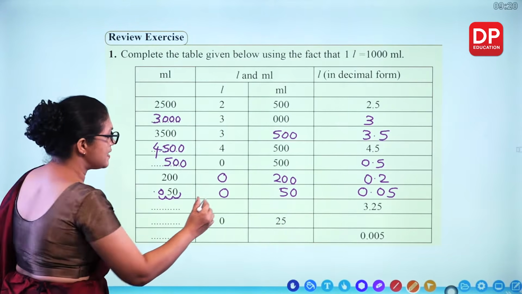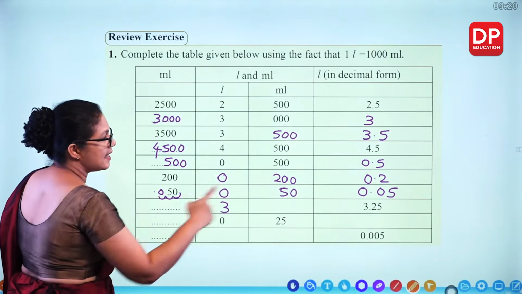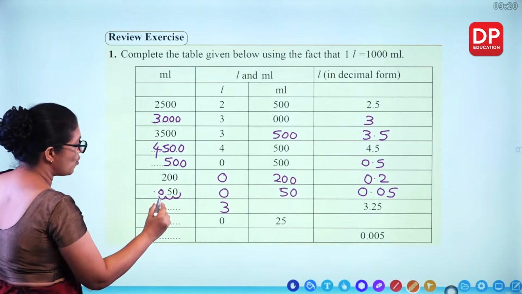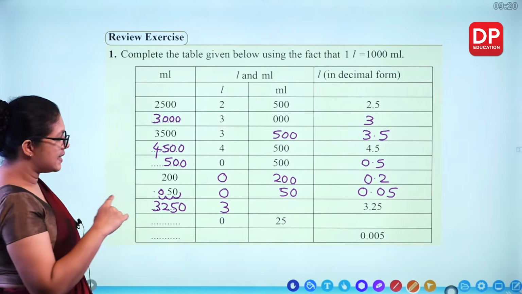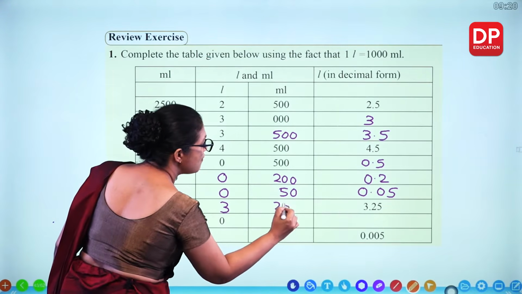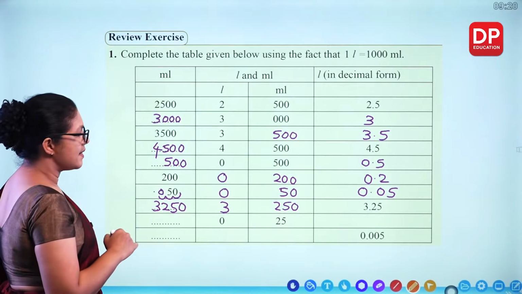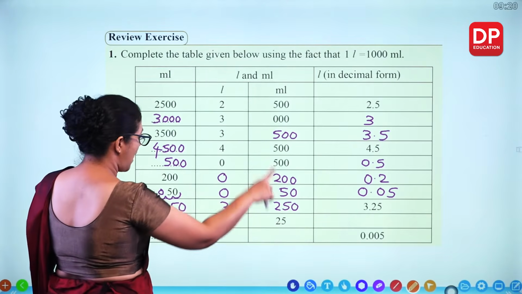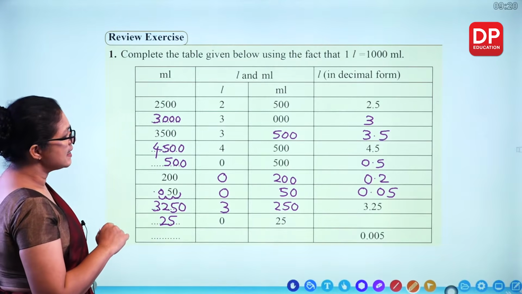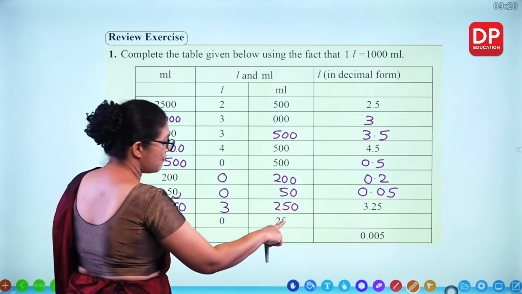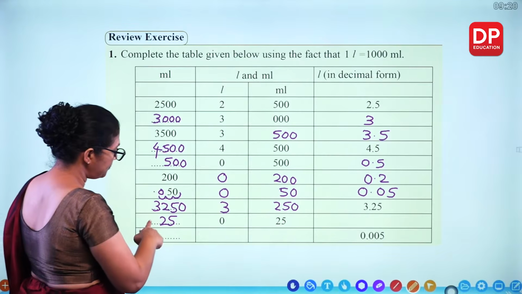3.25 liters means 3 liters. And here multiply by 1000. 3250 milliliters. That means 250 milliliters are there. 25 milliliters. This means 25 milliliters. And divide by 1000.